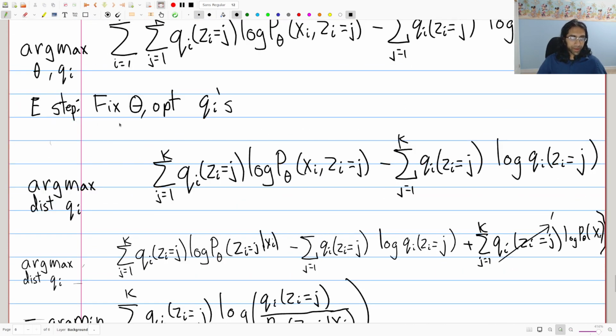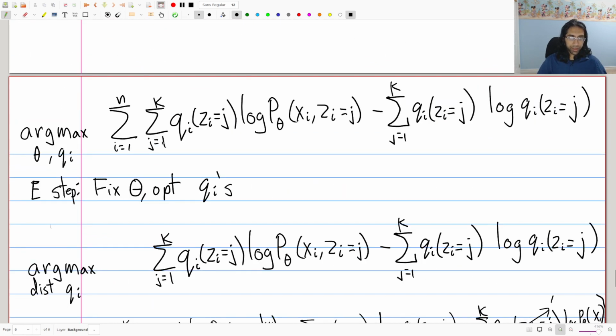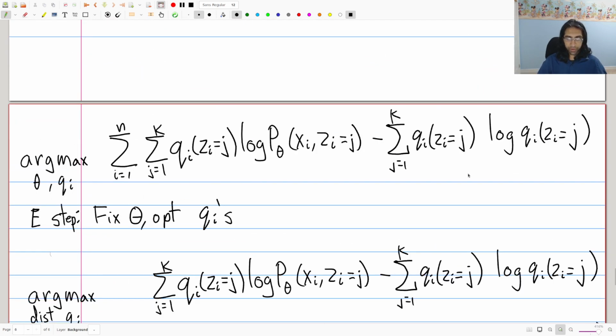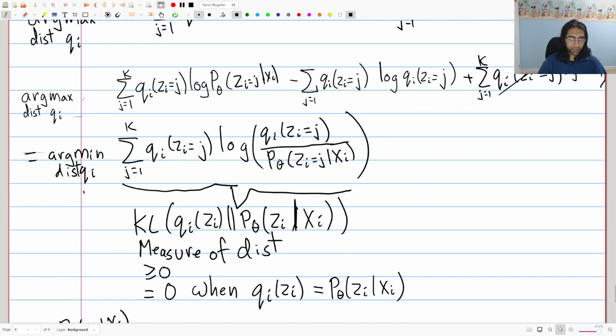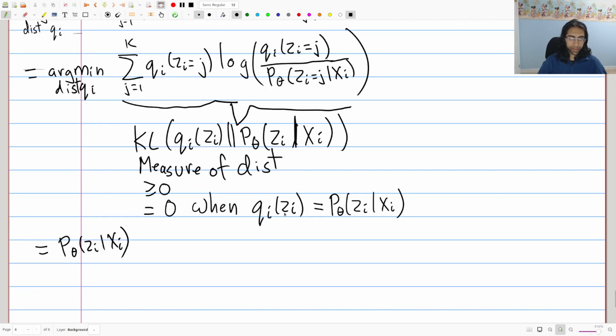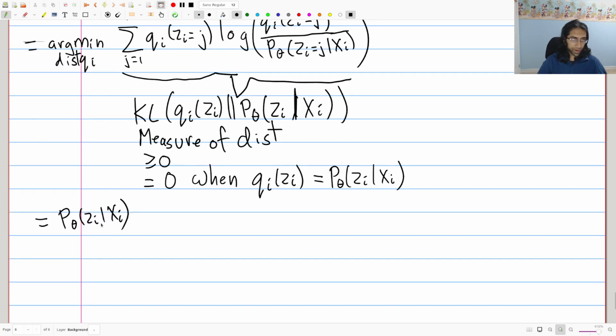So what we said was we're fixing the thetas and optimizing over the qi's. Here's our objective function. We hold one fixed and try to optimize the other, and you do all these steps. You arrive at this KL divergence expression, and we find that the solution which optimizes it has the q's equal to these conditional distributions. This can be read as, given a point xi, what is the distribution of its label?